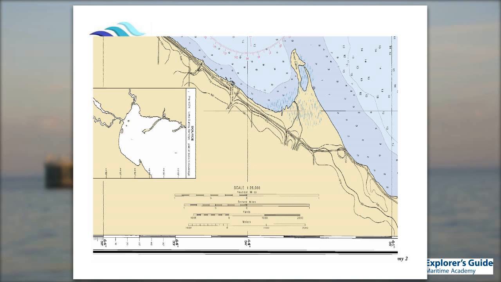Any time we deal with charts, we deal with both coastal charts that are set up on one set of scales, basic nautical miles, and then we have our inland charts, Great Lake charts, that are set up on statute miles. One of the big mistakes people make when dealing with Great Lake charts is that they forget how to use the scale down here, which is statute miles.